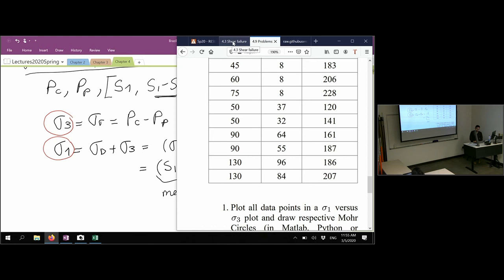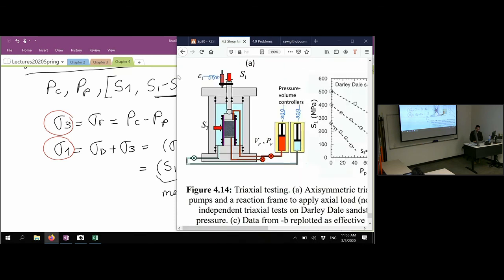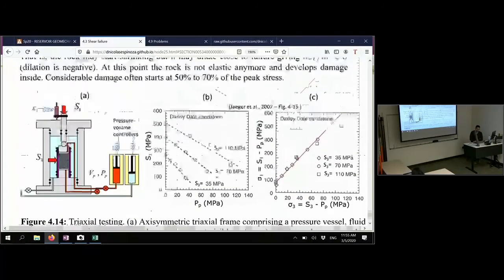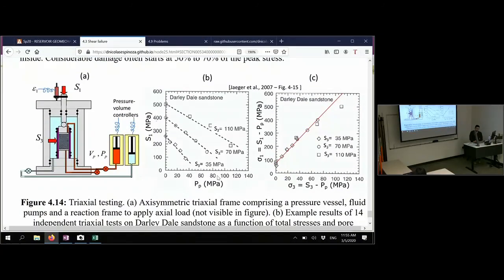And in this case, this is another rock where you see something similar. Here it's very similar to that problem in which you have different values of pore pressure, so tests conducted from 0 to about 110 MPa of pressure with different confining pressures, and you measure this value.